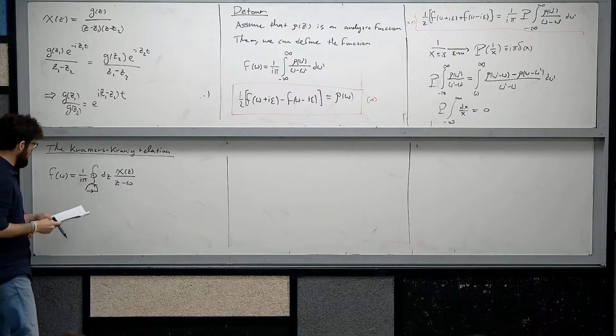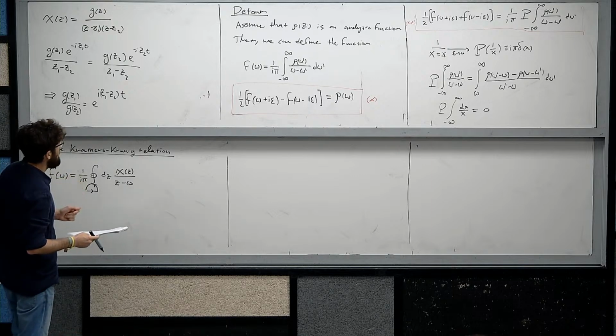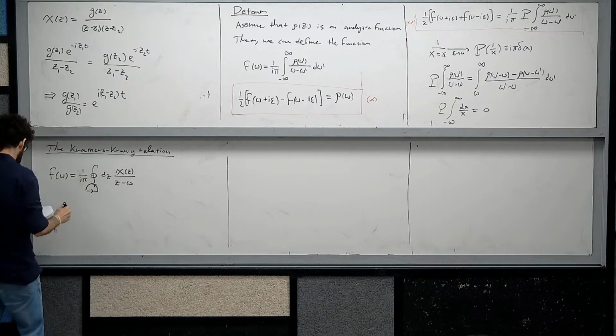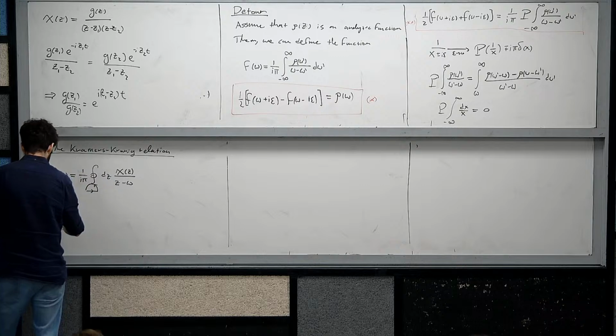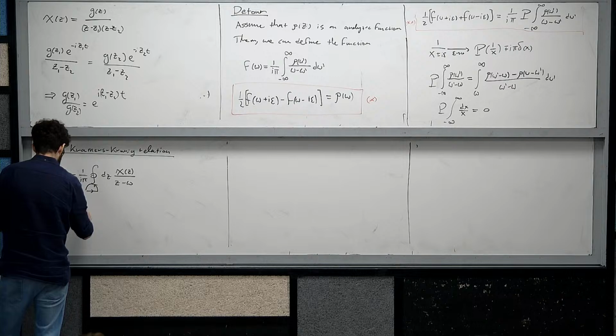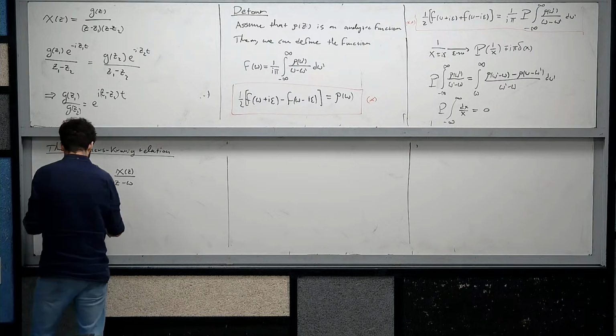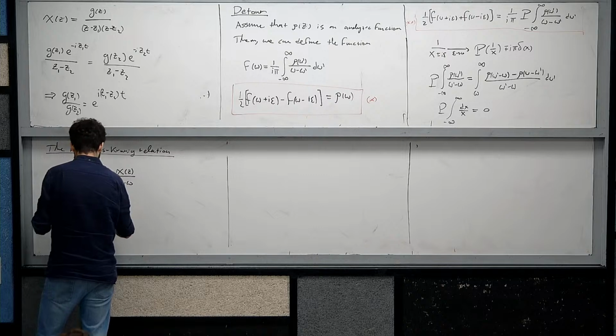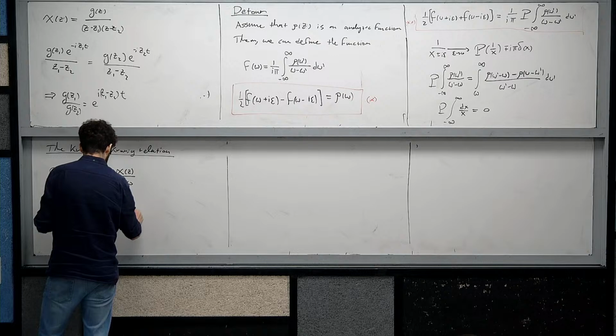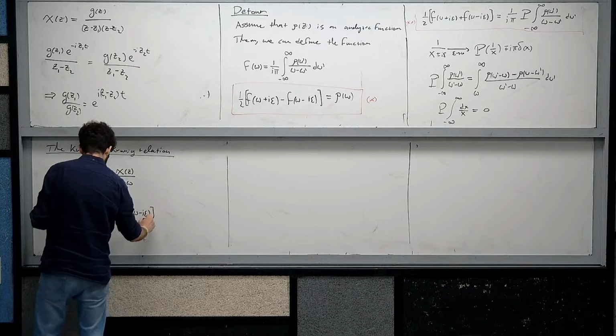And therefore we can use these two relations to say that chi of omega is equal to 1/2 f of omega plus i epsilon minus f of omega minus i epsilon.